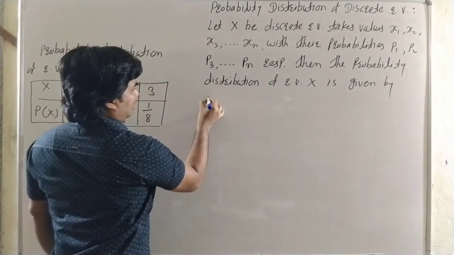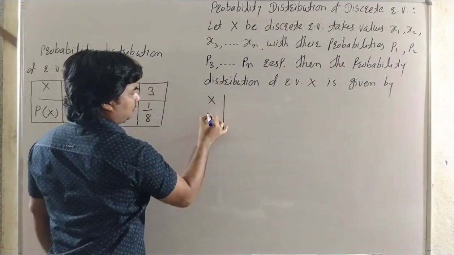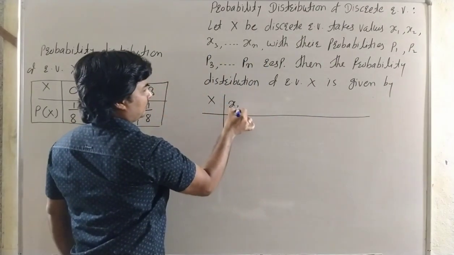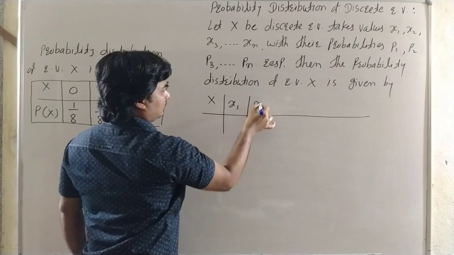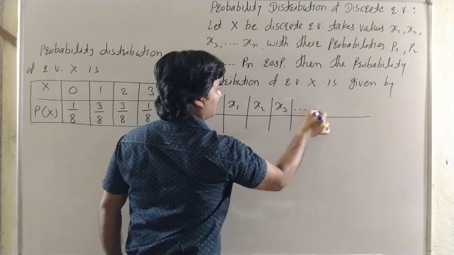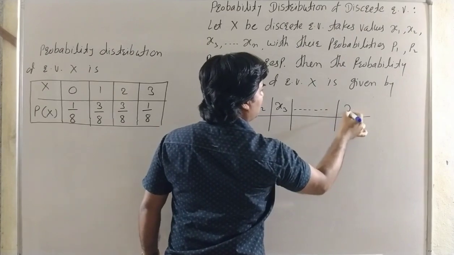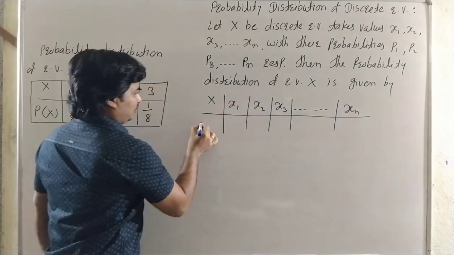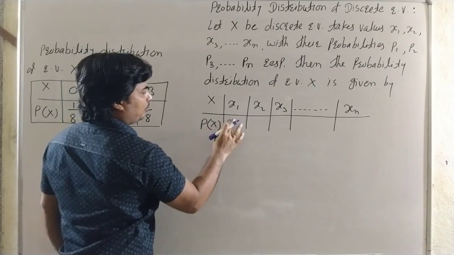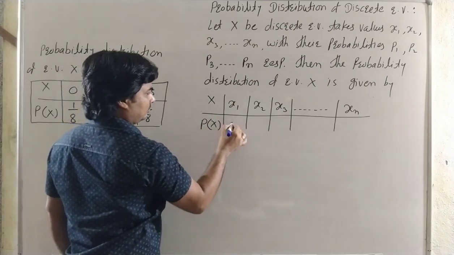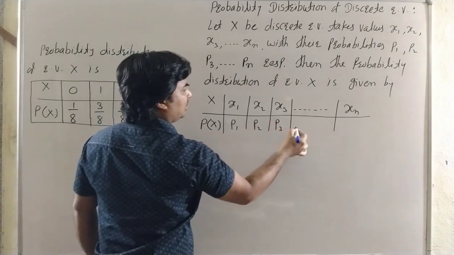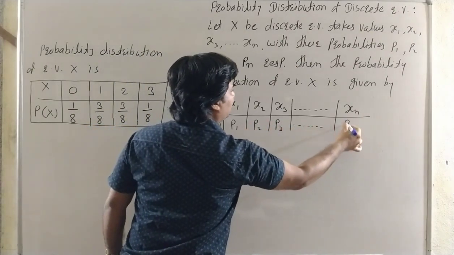here x is a random variable and x takes values x1, x2, x3 up to xn and their probabilities are p1, p2, p3 up to pn.